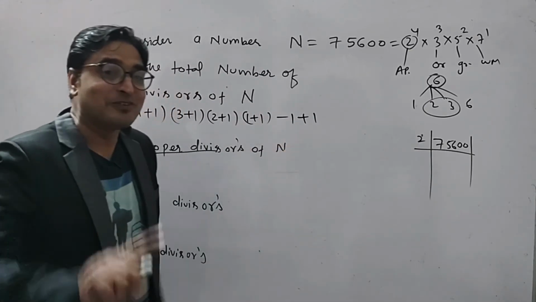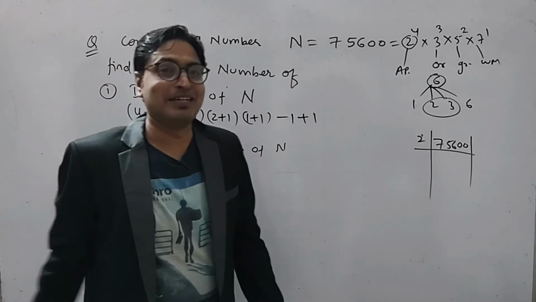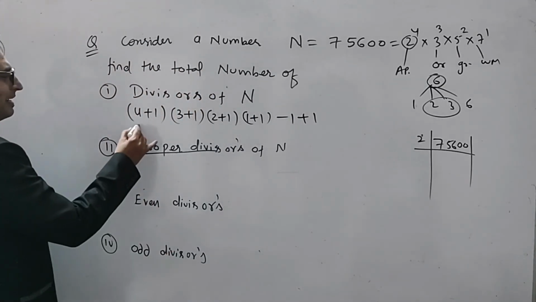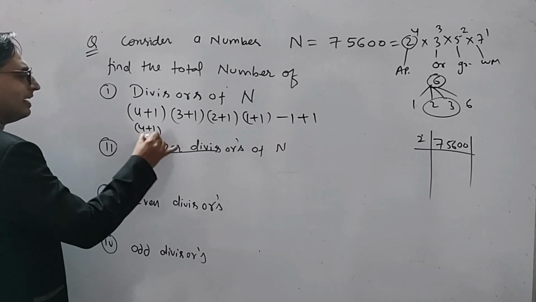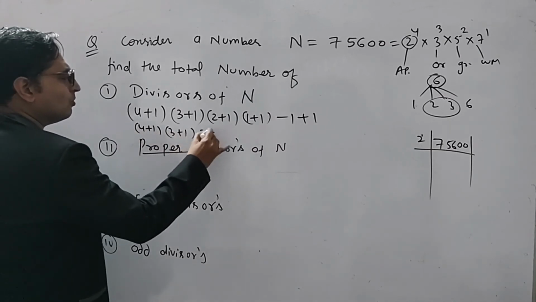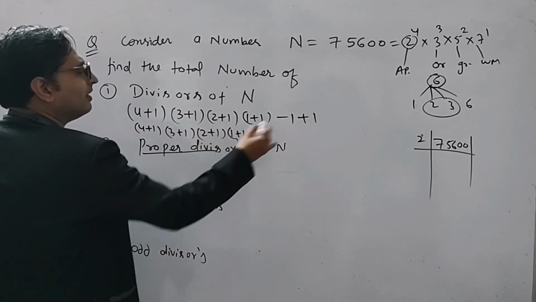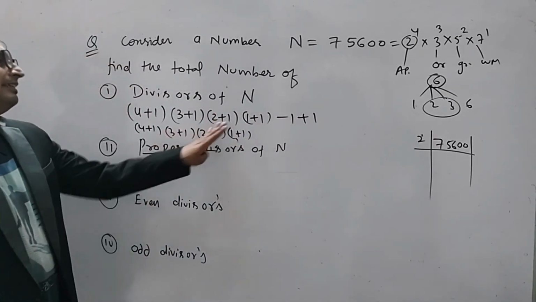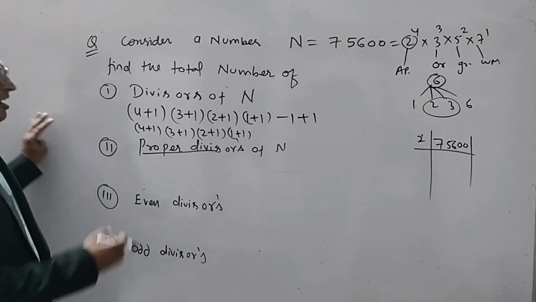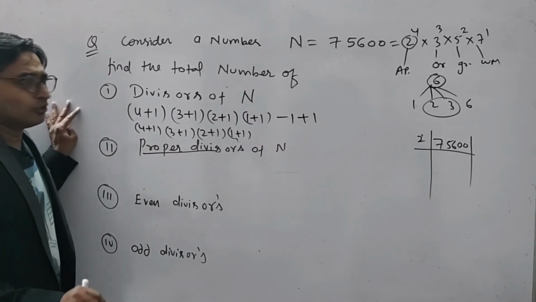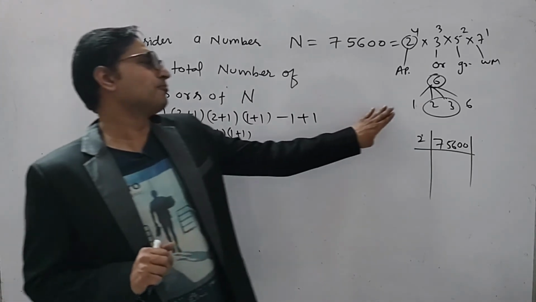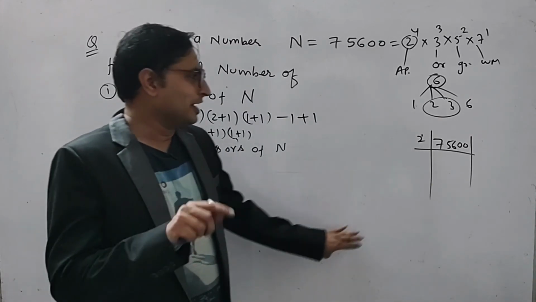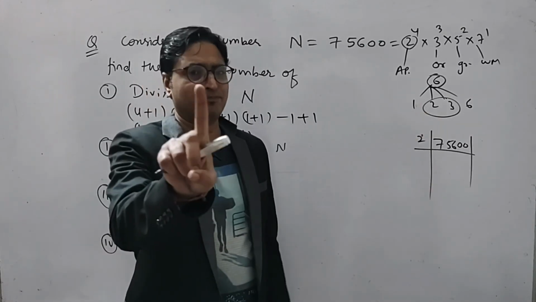Why? Because 1 will divide each and every number. So total number of divisors will be 4 plus 1, 3 plus 1, 2 plus 1, 1 plus 1, -1 plus 1, and these are the number of ways. Now, proper divisors of n. I already told you that in proper divisors, we will not consider the number itself and 1.